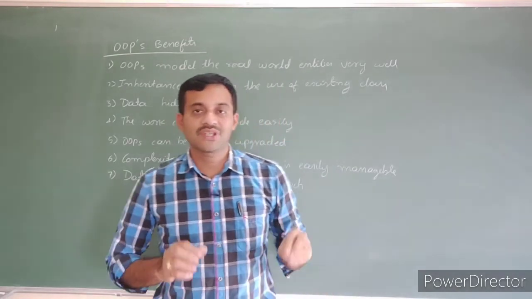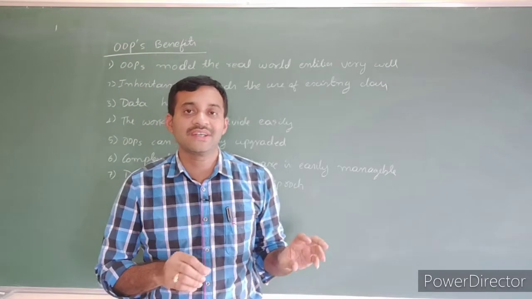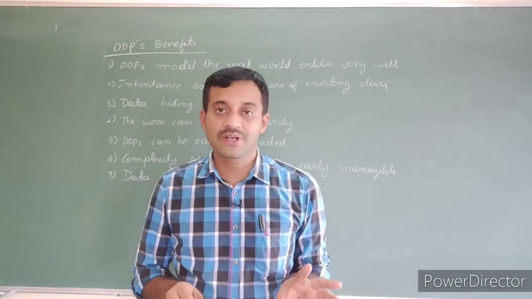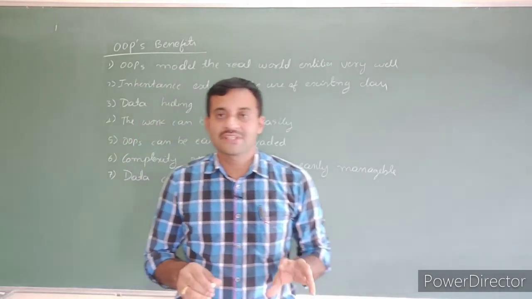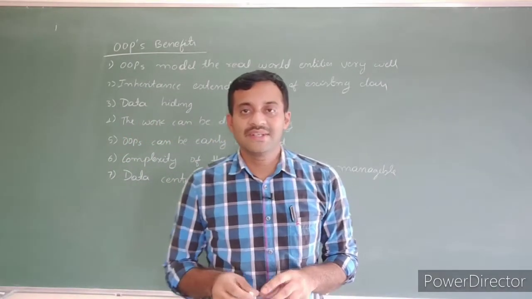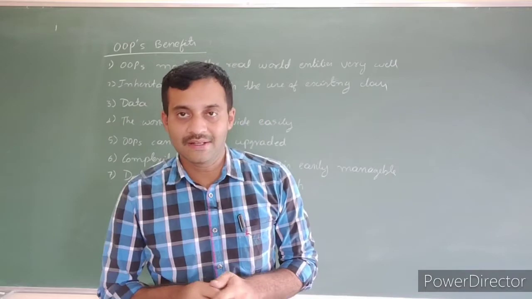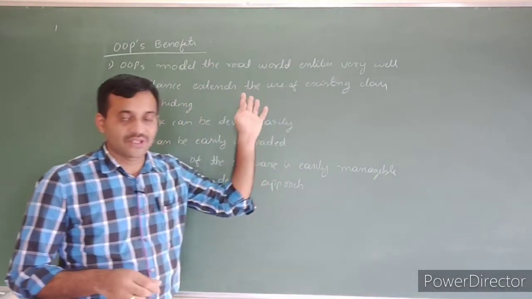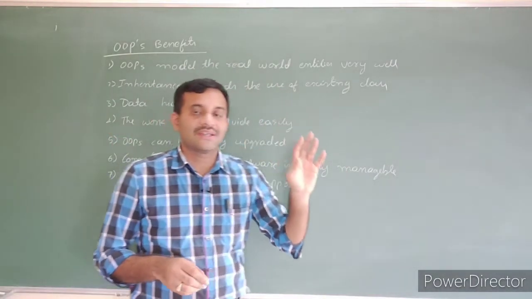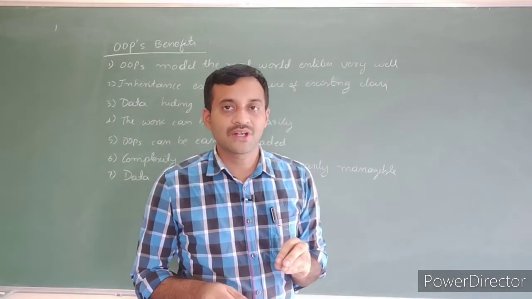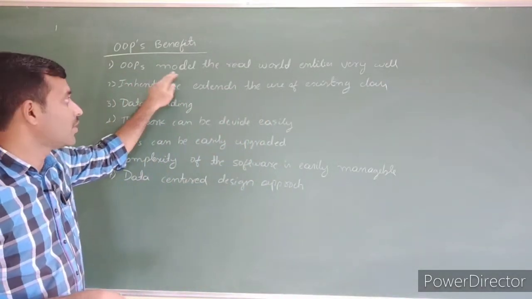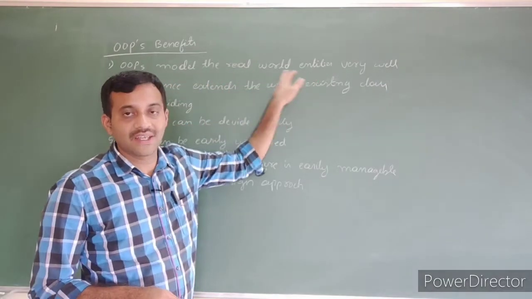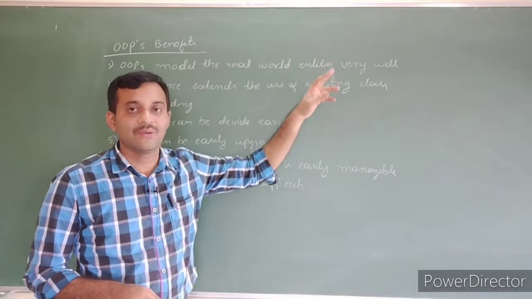We solve real-world problems using a C++ program, or object-oriented program. C++ is an example of object-oriented programming. In the next chapter, we discuss C++ in detail. So all real-world problems are easily implemented using object-oriented programming.